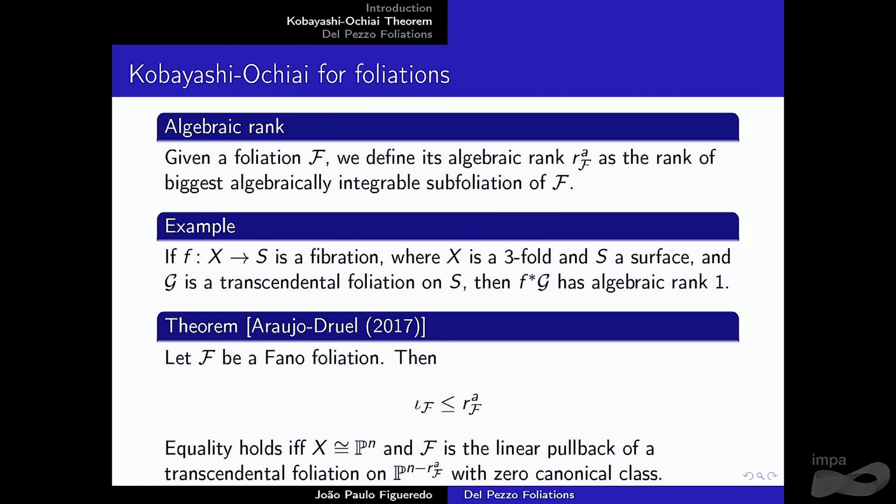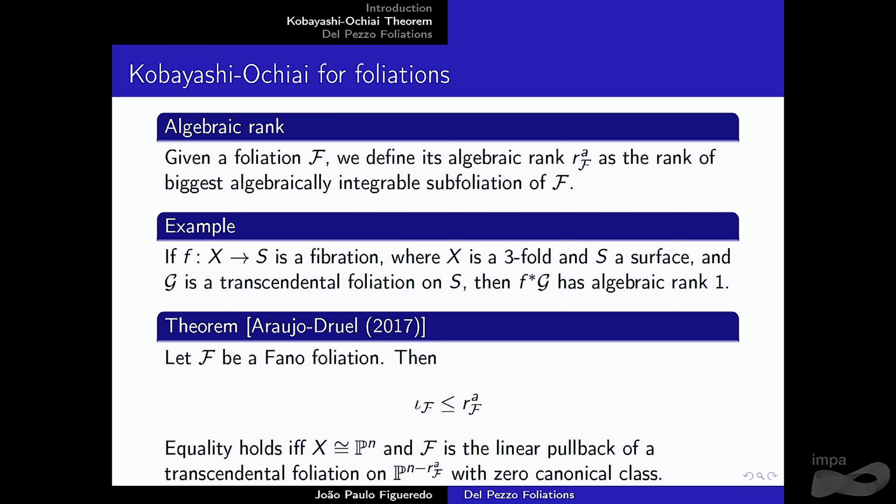So before stating the theorem, let me give a definition. Given a foliation F, we can define its algebraic rank as the rank of the biggest algebraically integrable subfoliation of F. So if you have a foliation, you can consider all the subfoliations, only the ones whose general leaf is algebraic, and you take the biggest rank of all these algebraically integrable subfoliations.